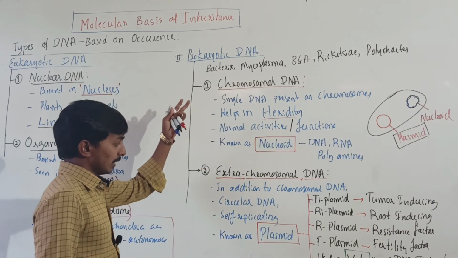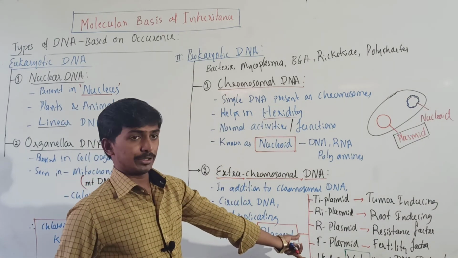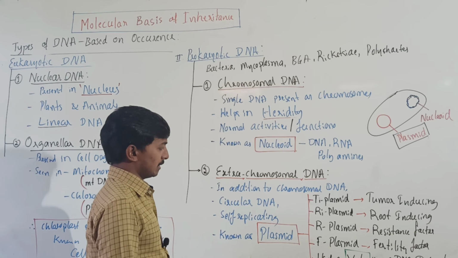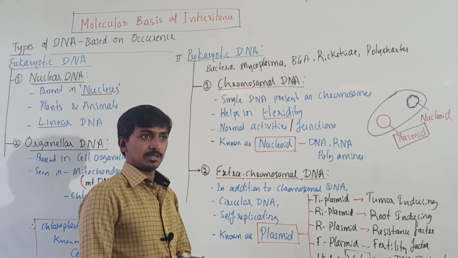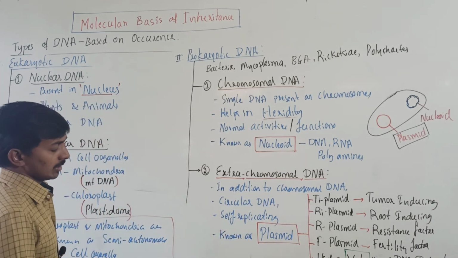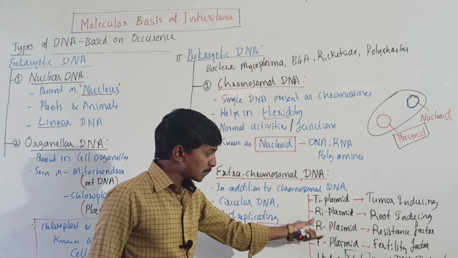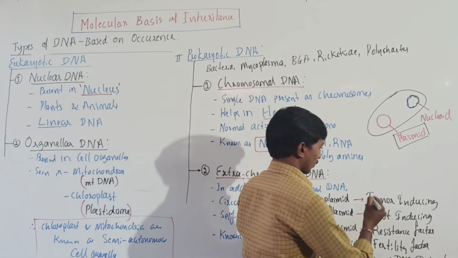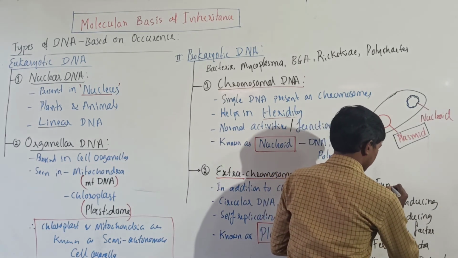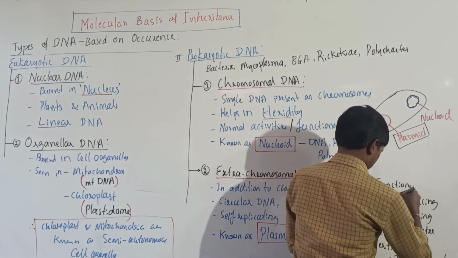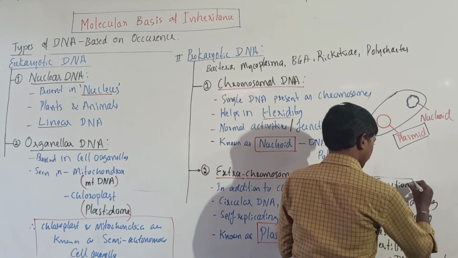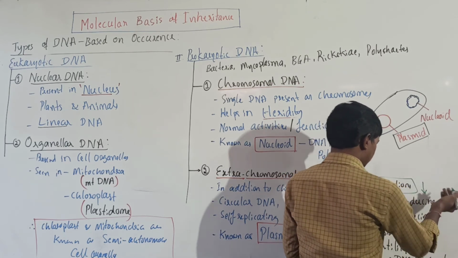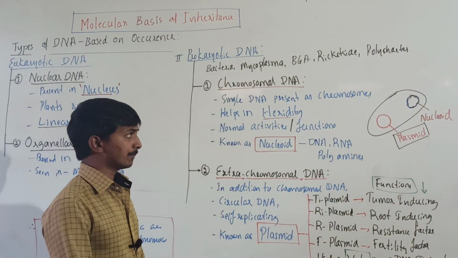We will study this again in detail in biotechnology, first chapter and second chapter, meaning 11th and 12th chapter in your second PUC. Like that there are various types of plasmids performing various functions. So these are the plasmids and these are the various functions performed by the respective plasmids.